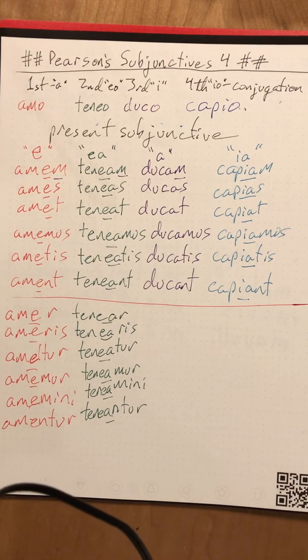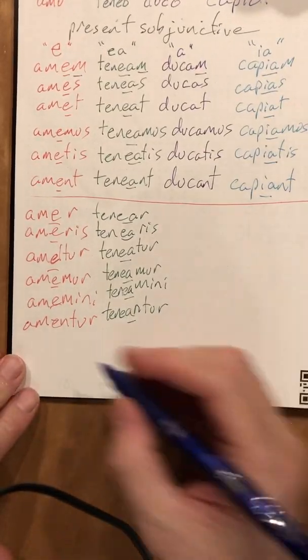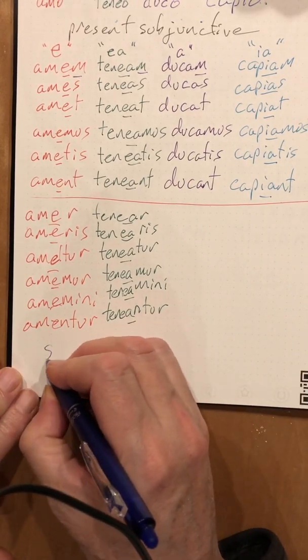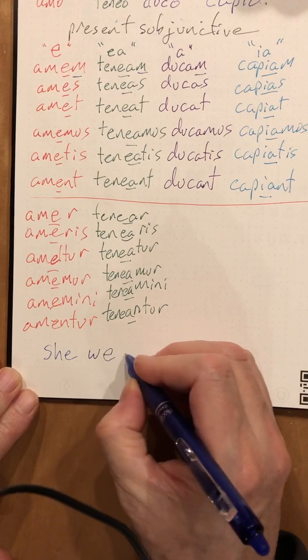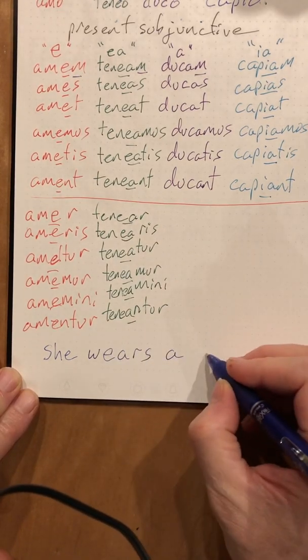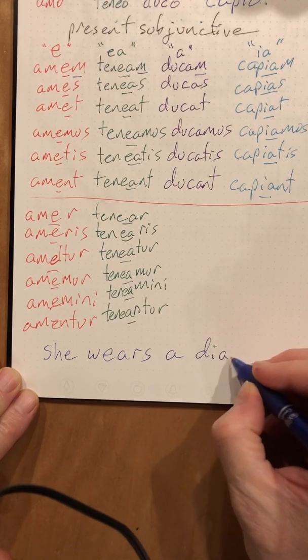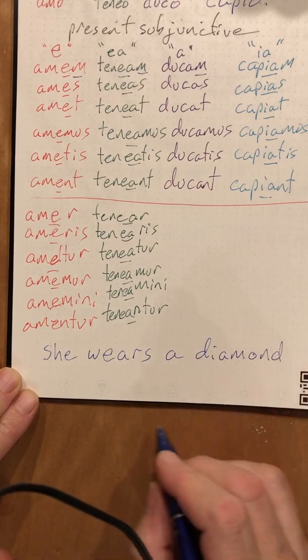And we've got a nice way to remember all of this. A little mnemonic device: she wears a diamond. Here it is.